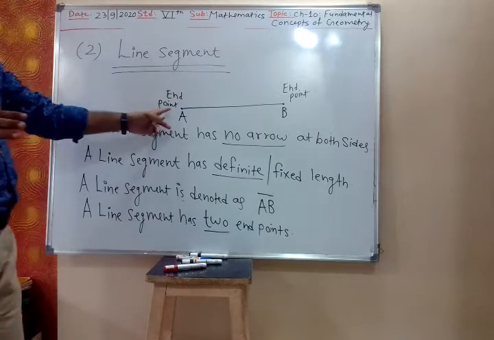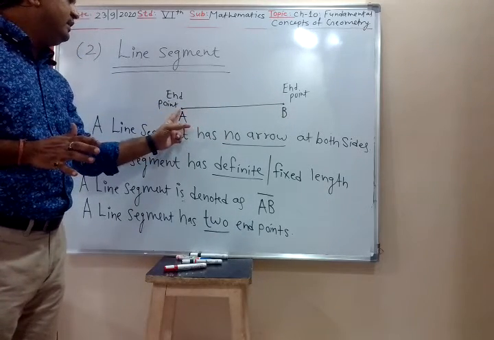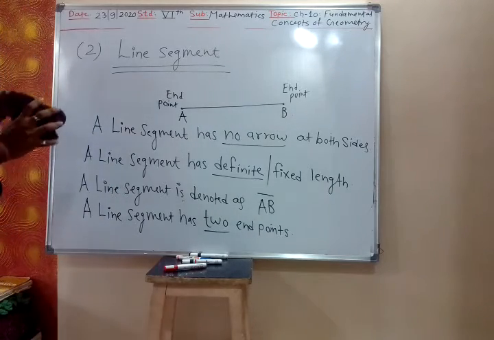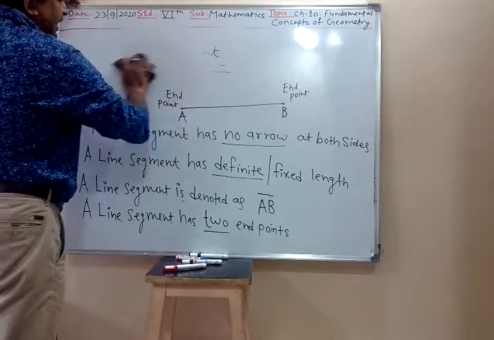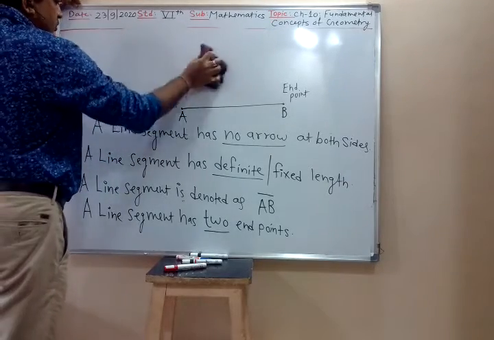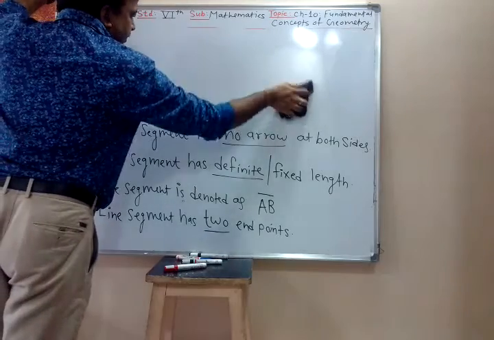But whenever there is a dot, it means it is an endpoint. So a line has no endpoint, whereas a line segment has two endpoints.